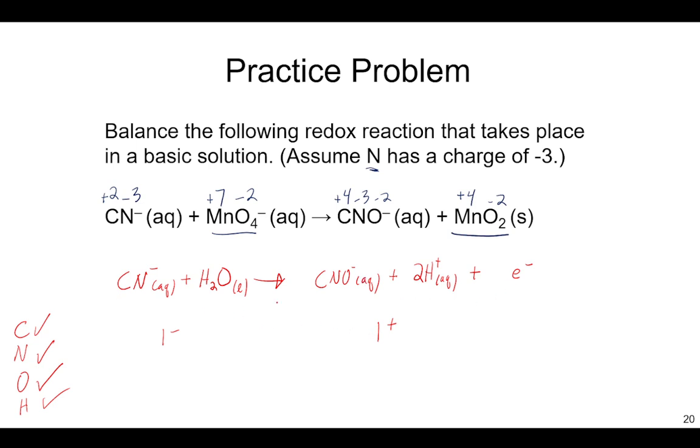Well, 2. And if it's not obvious, sometimes it isn't, just count down from the bigger number. 1, 0, -1. Okay, so that was 2. All right, so I need to add 2 negatives to bring this 1 positive down to 1-. And now the charges balance. Okay, so this is now my first balanced half reaction.